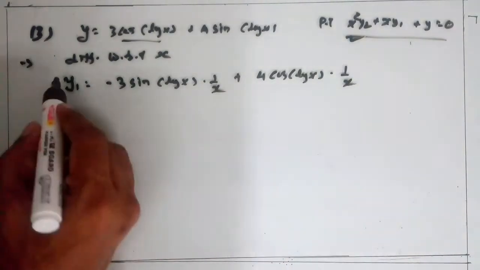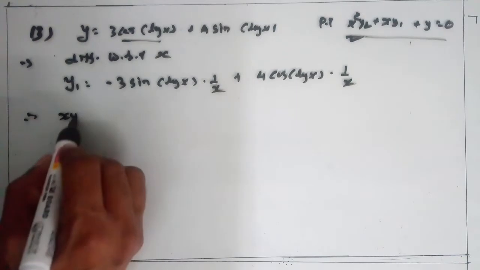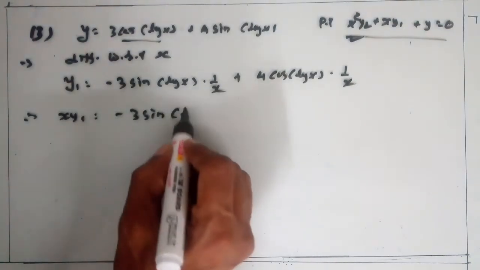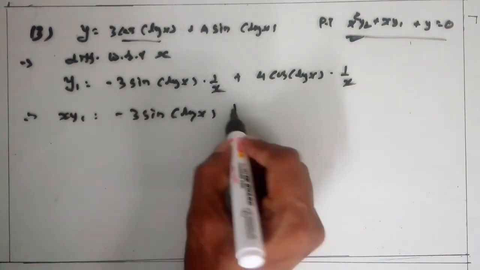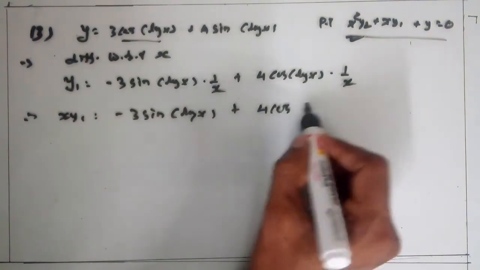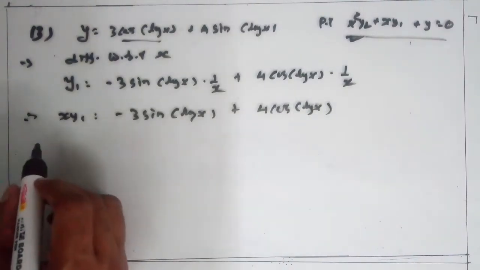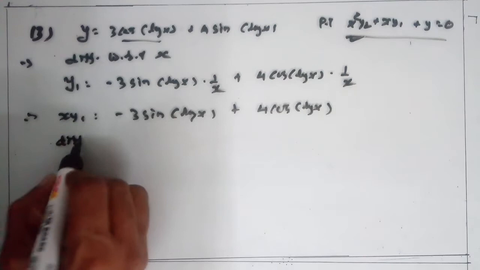Now x take this side, so we get x y₁ is equal to minus 3 sin(log x) plus 4 cos(log x). Clear? Now differentiate the second time with respect to x.